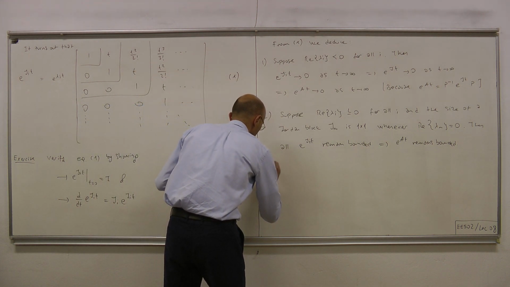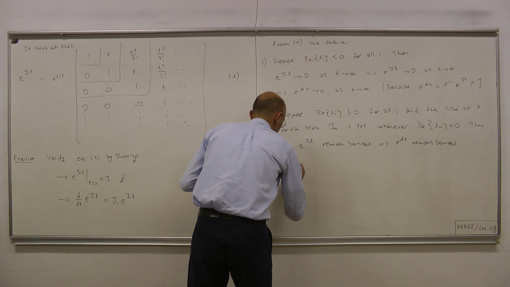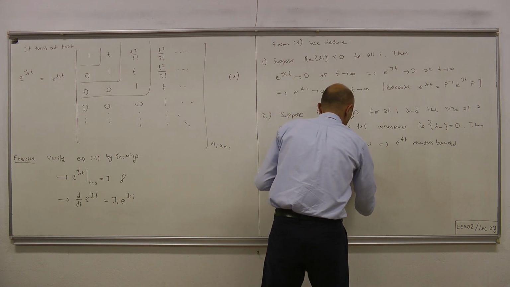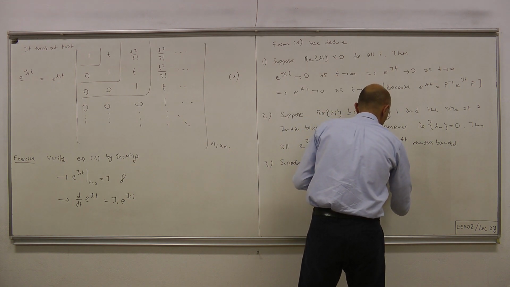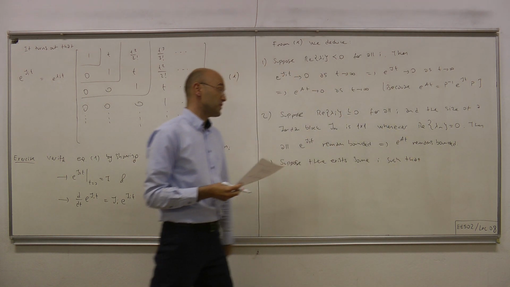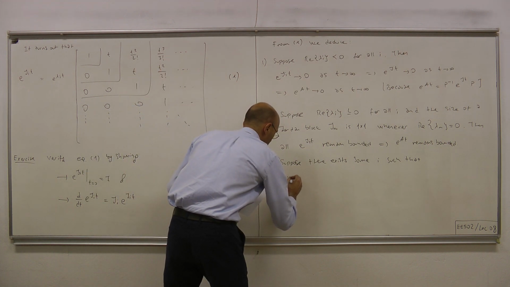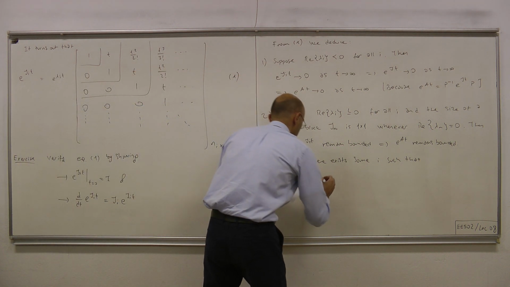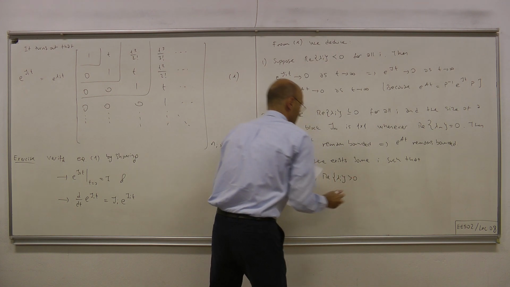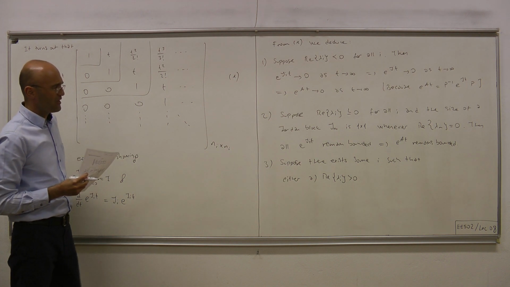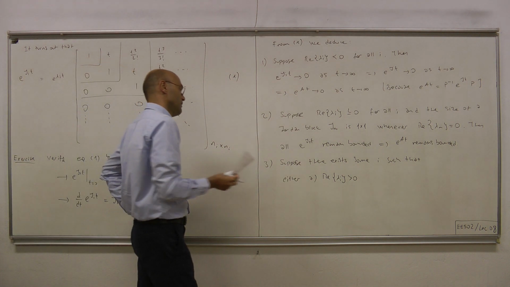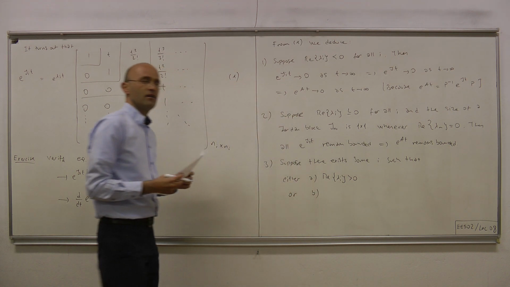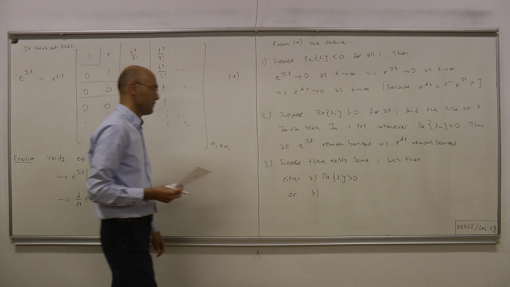And finally, third case, suppose there exists some i such that one of the following conditions holds. Either the A matrix has an eigenvalue in the open right half plane, with a strictly positive real part, or the case that we just discussed appears.